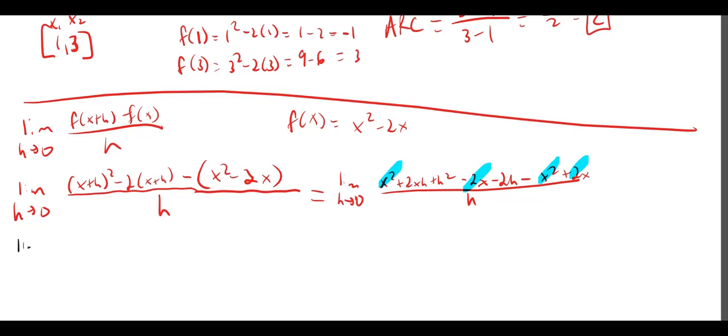So we have the limit as h goes to 0 of 2xh plus h squared minus 2h all over h, which again, we always factor out that h.